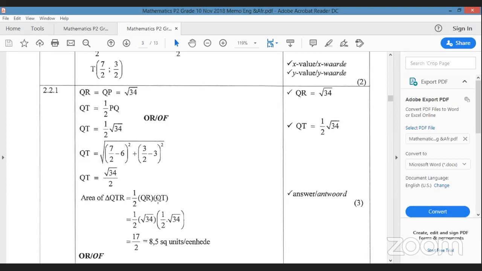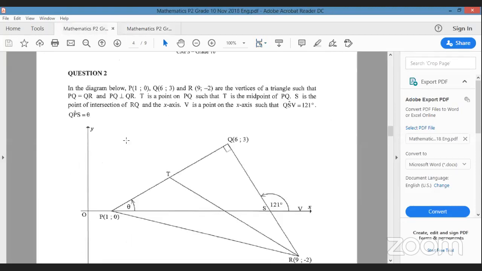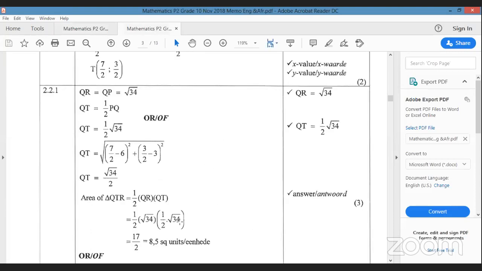But now your height will be half of this, because T is in the middle. So no wonder we write half of square root 34, right? Therefore, your answer is 17 over 2.